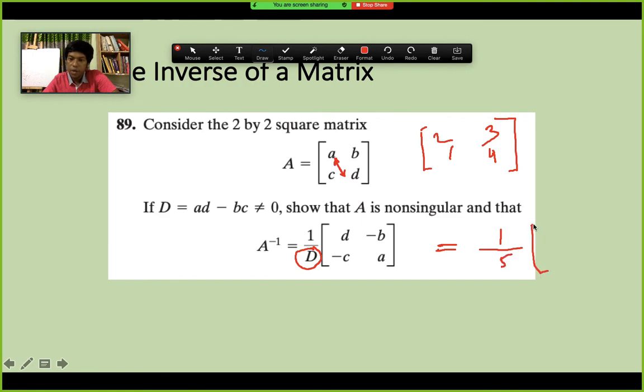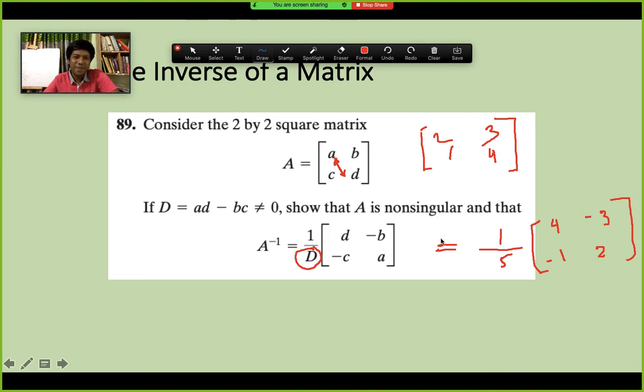And then when you have it, you see our A and D will change the position, so 4 and 2 will interchange the position. This will become 4, and this will become 2, and minus 3 will come here, and then minus 1 will be here. So these two numbers will change the sign, and these two numbers will change the position, and that is the answer.